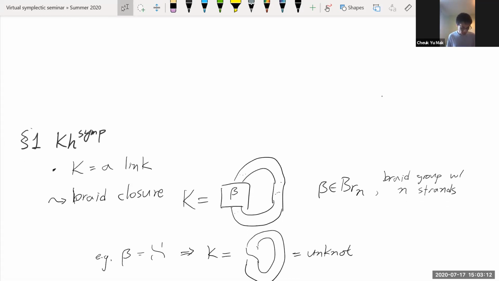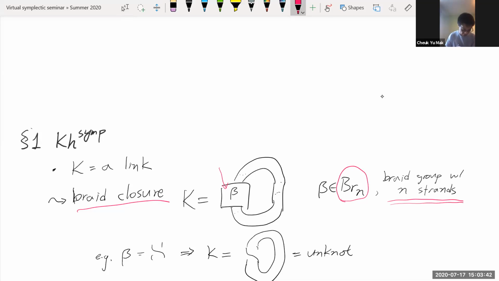The first part is symplectic Khovanov homology, and symplectic Khovanov homology is a link invariant. How is it defined? Given a link, say K, you can write the link as the closure of a braid, where beta is an element in the braid group with n strands.